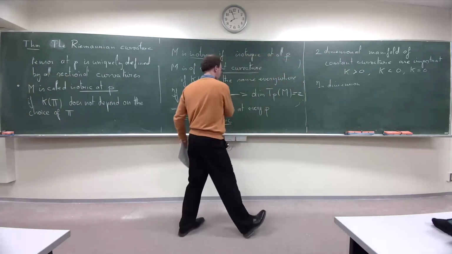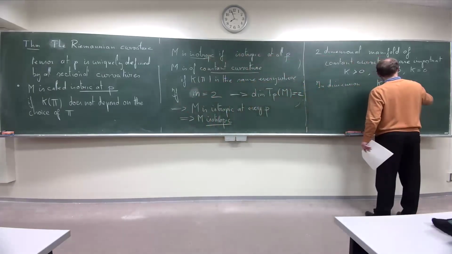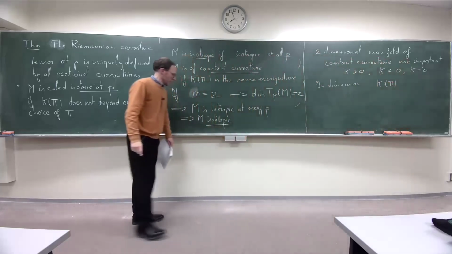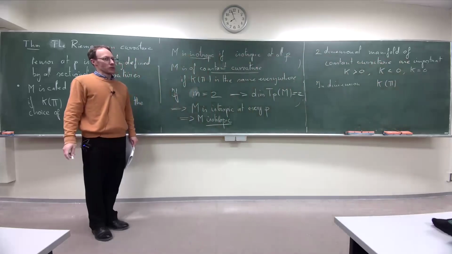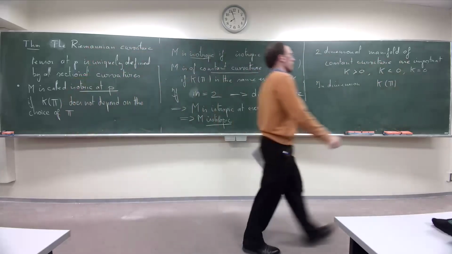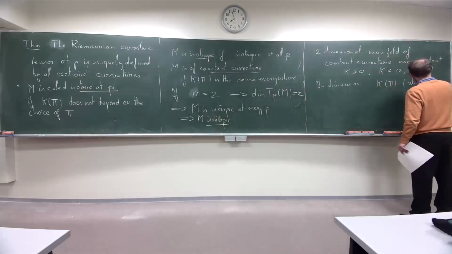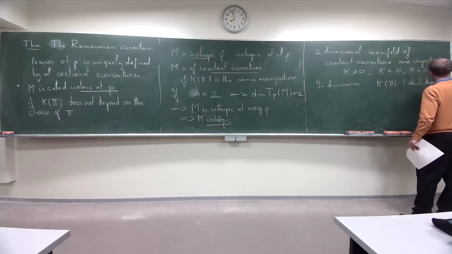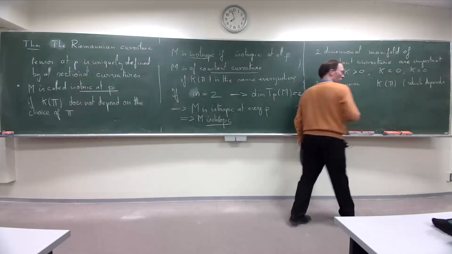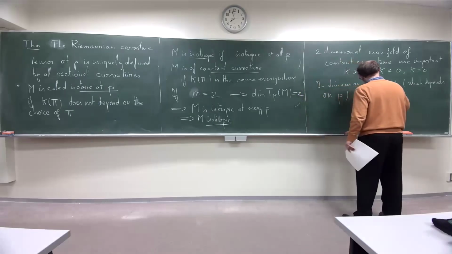We have K of pi, which depends on P, the point where we do it, and it is nothing but the Gauss curvature.